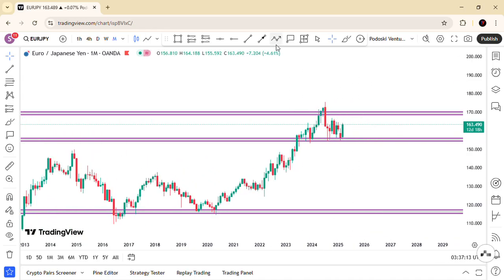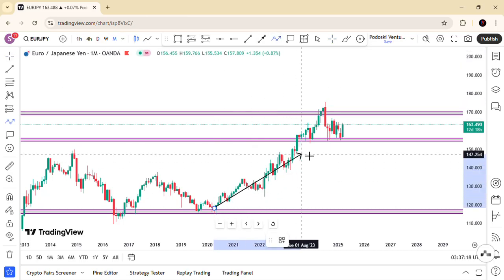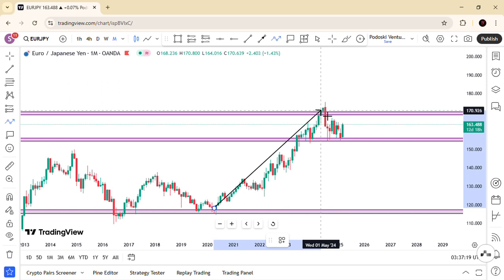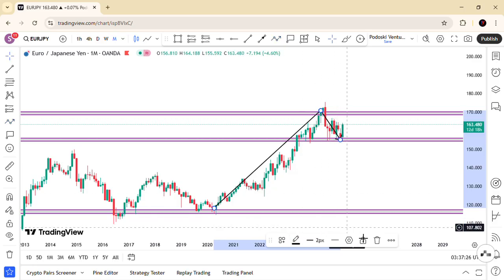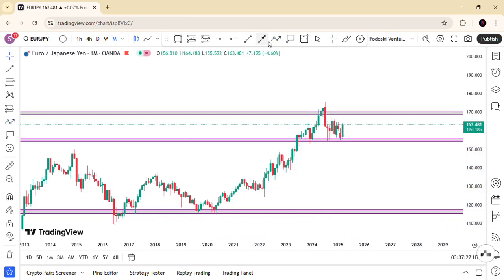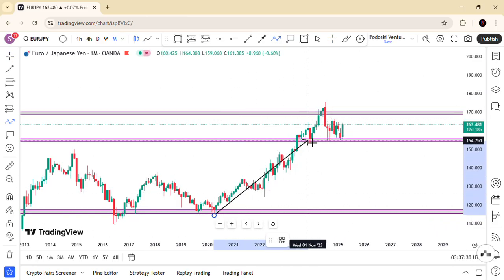And one more thing about EURJPY is, after the uptrend touching the previous high, it dropped, creating a demand here.